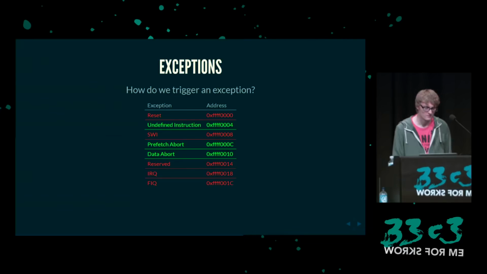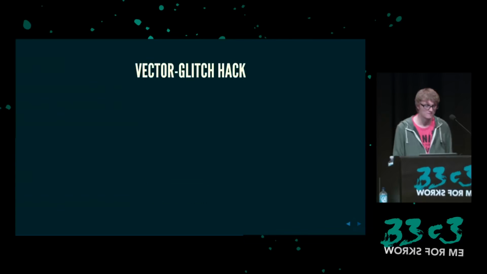This reminds me of a really nice use case for fault injection again, because you can corrupt registers and get mutated instructions, so it's really likely that it will trigger an exception. So this is the vector glitch hack.